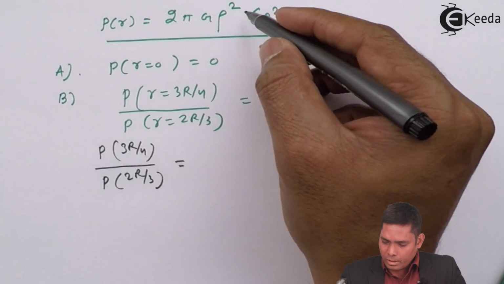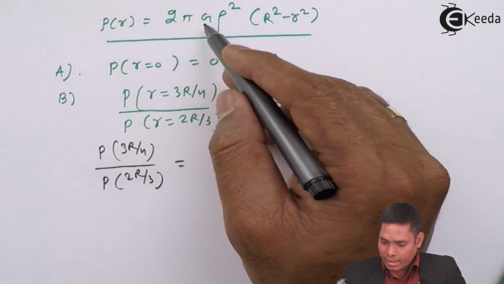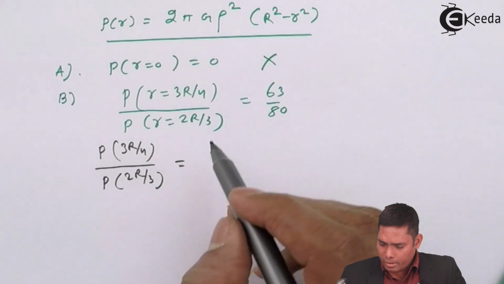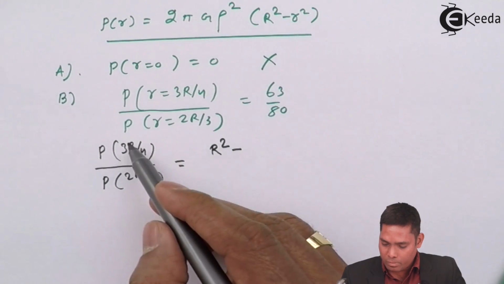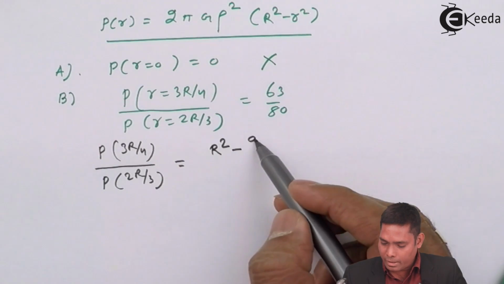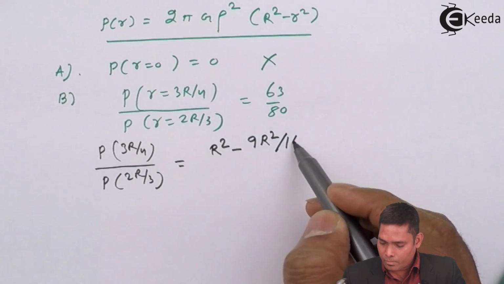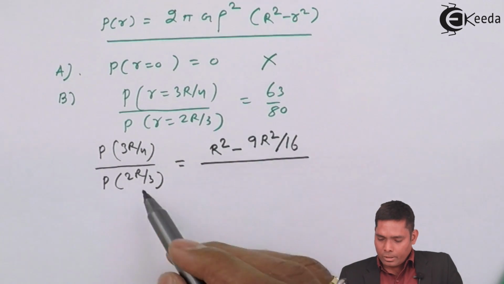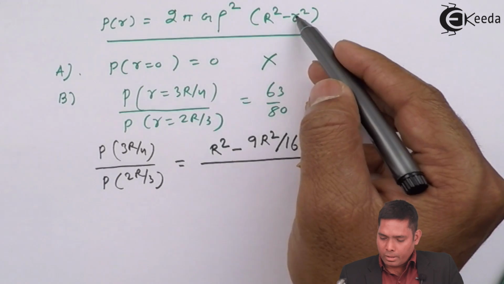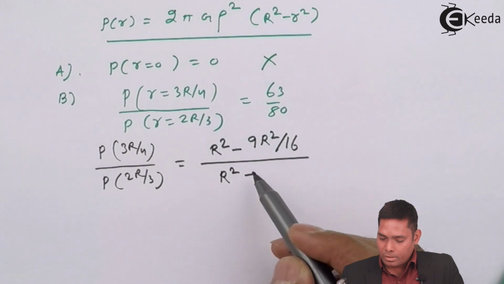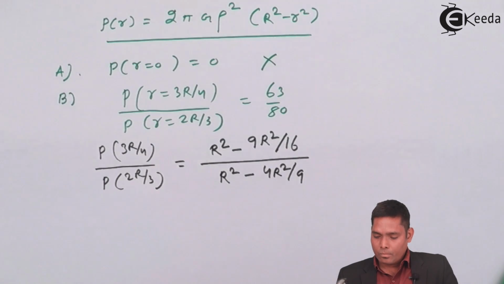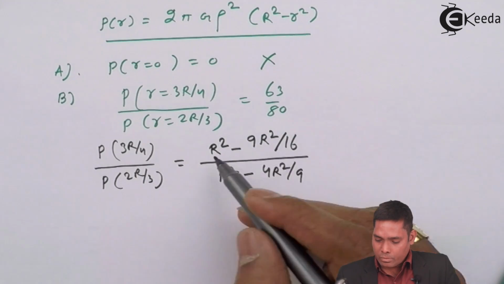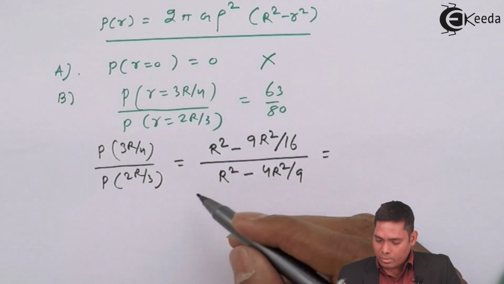If I put this here, the constant will cancel out, only this ratio will be there. So it is R square minus r square. The small r is 3R by 4, squaring it, it is 9R square divided by 16, divided by R square minus 4R square divided by 9, squaring it, it will be 9. Now taking R square common, it will cancel out.